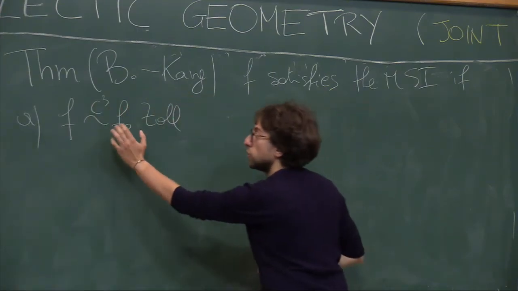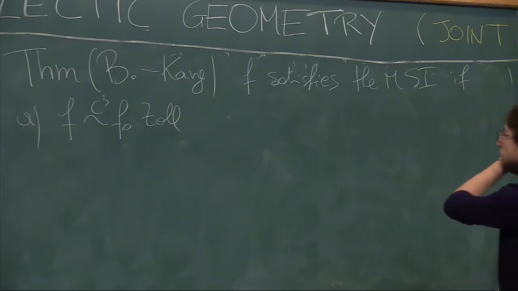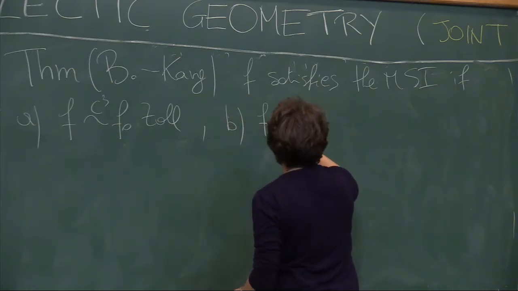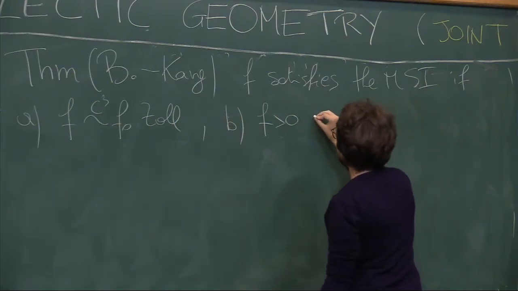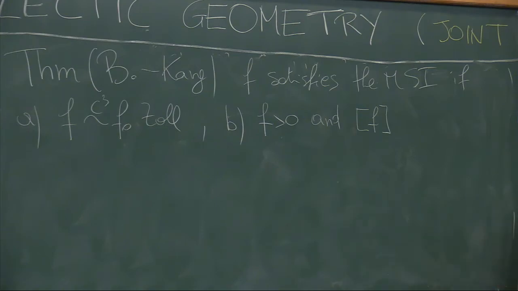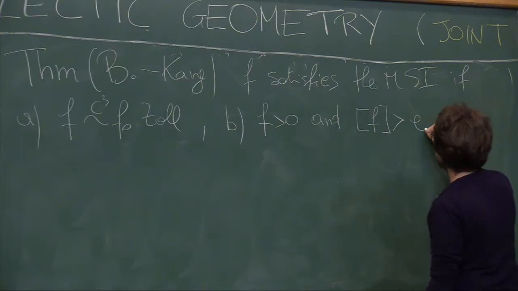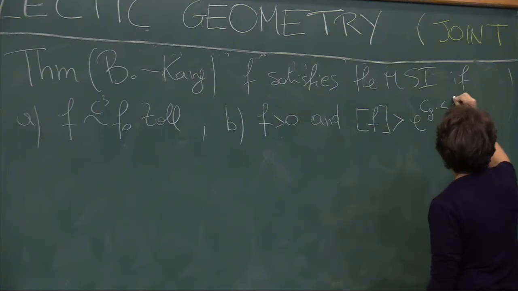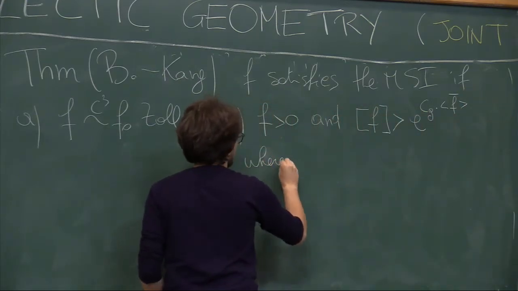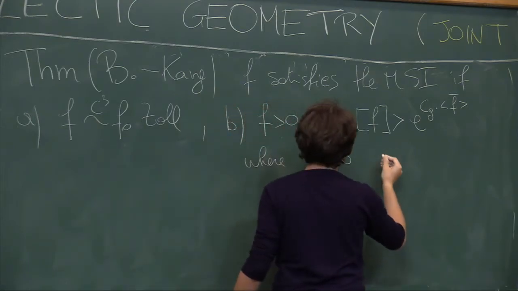So if f is C3 close to a Zoll function, then it satisfies this condition, or f is a positive function and its average is very big, and we can also quantify how big this average is. This should be bigger than the exponential of some constant, C of g, times a quantity of f bar in square brackets. And now I explain what this f bar is. This constant depends on the metric.